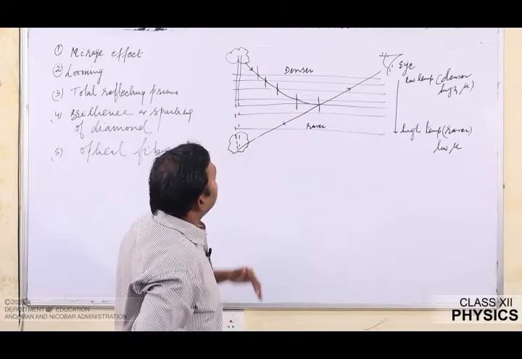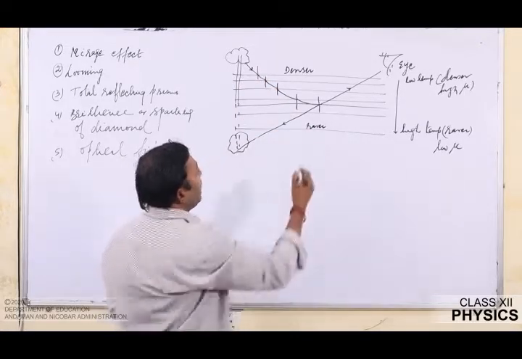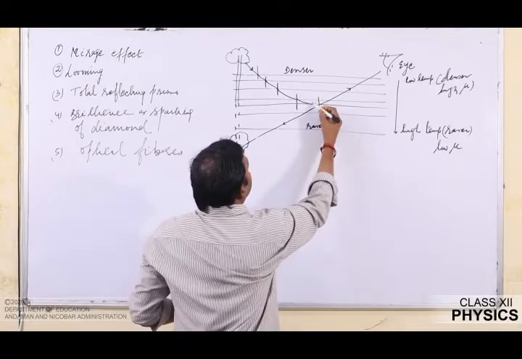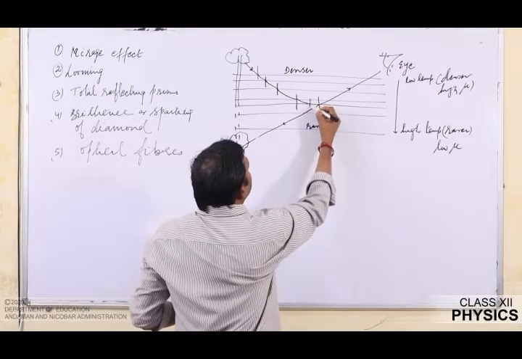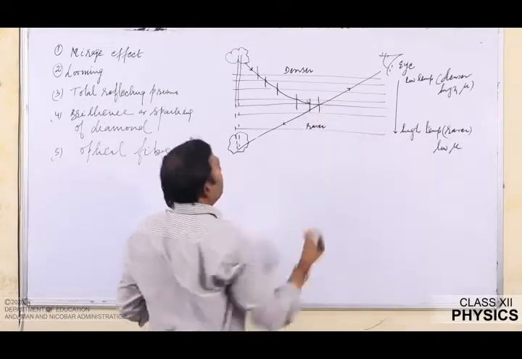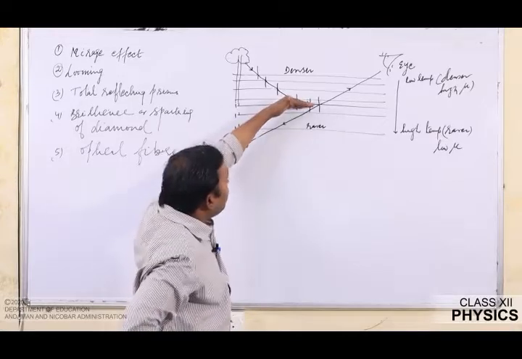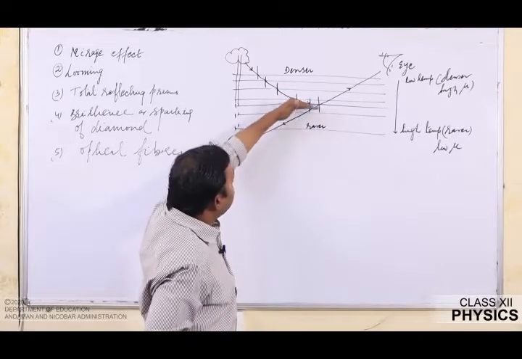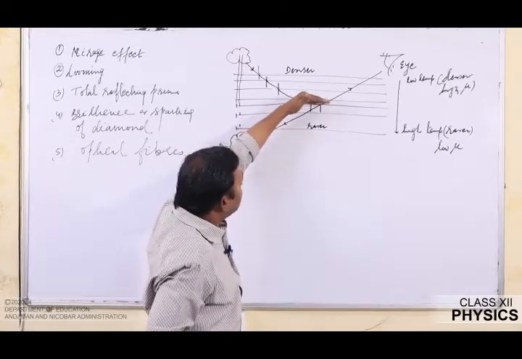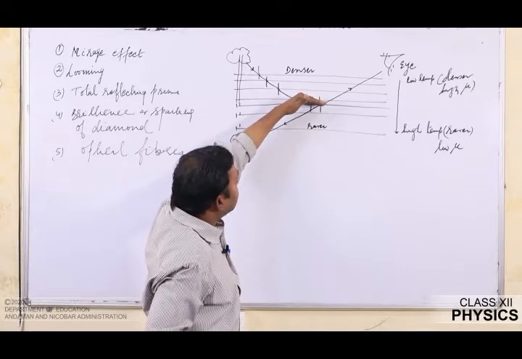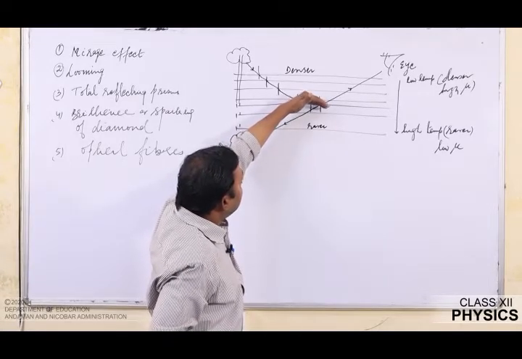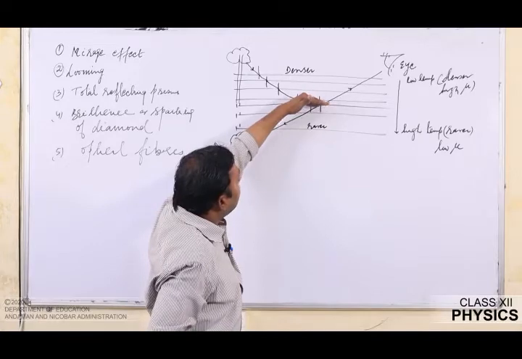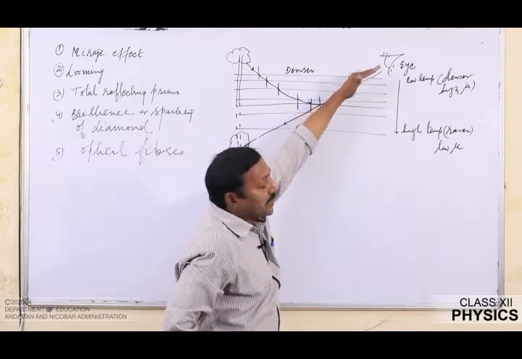At some point, when the angle of incidence is equal to the critical angle, the beam grazes over the surface. If the angle of incidence is more than the critical angle, then instead of getting into the second medium, it moves back into the same denser medium.